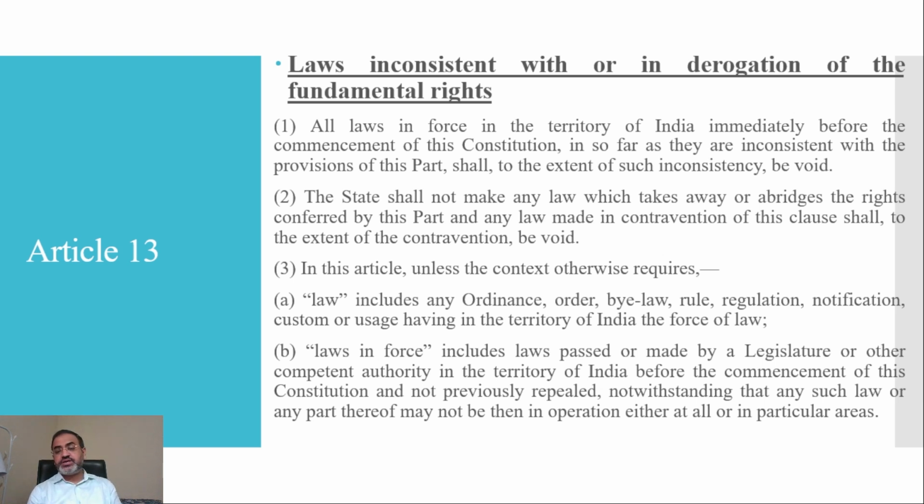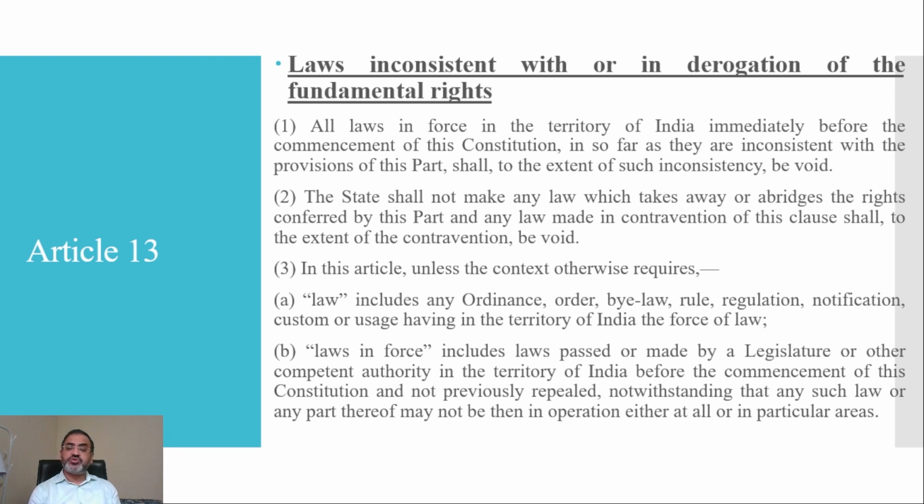As you can see, order, bylaw, rule, regulation, and notification are actually secondary legislations which are mainly made by the executive, deriving the authority to do so from the primary legislation as enacted by the legislature. Yet even these secondary legislations stand covered under the expression law.